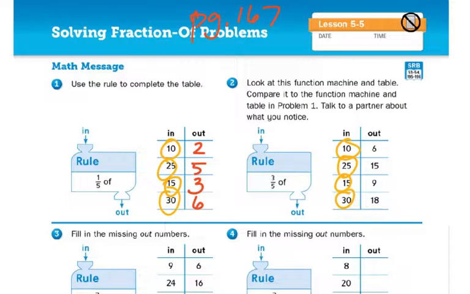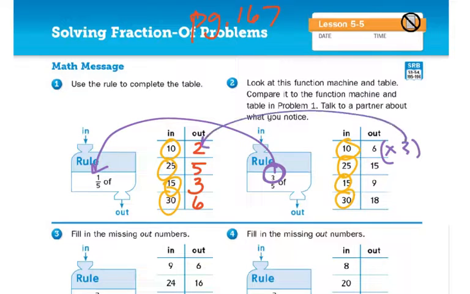But if you look, instead of talking about one group, we're talking about 3 groups. So each of these numbers, when it comes out, was 3 times greater. 3 times greater than 5. 3 times greater than 3. 3 times greater than 6. Because it wasn't just 1/5, it was 3/5.